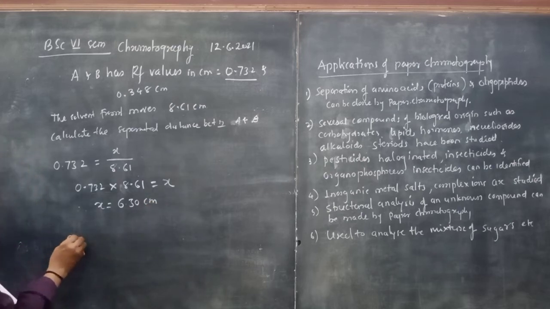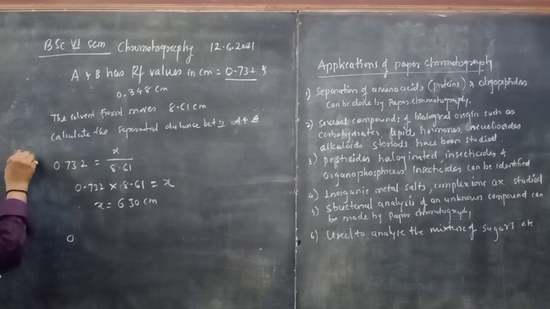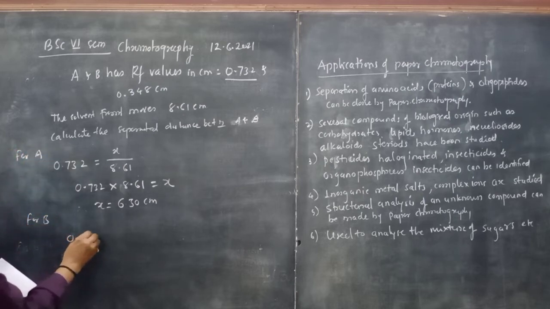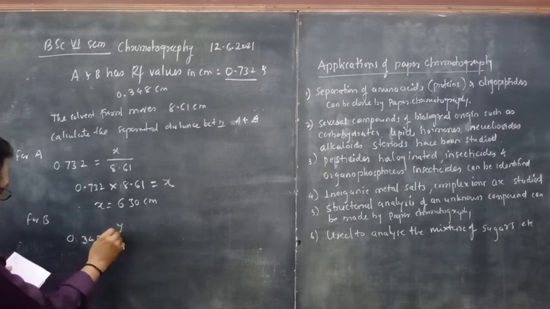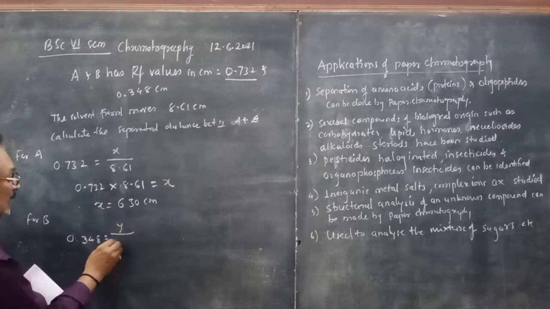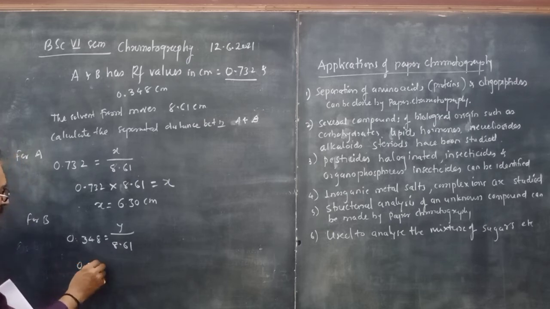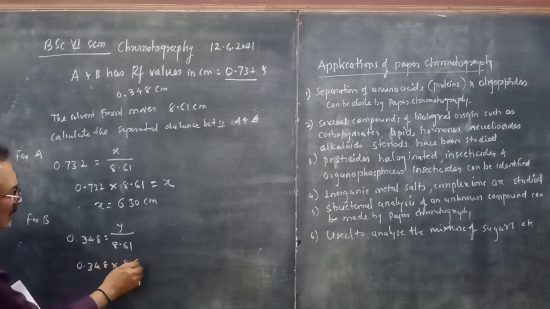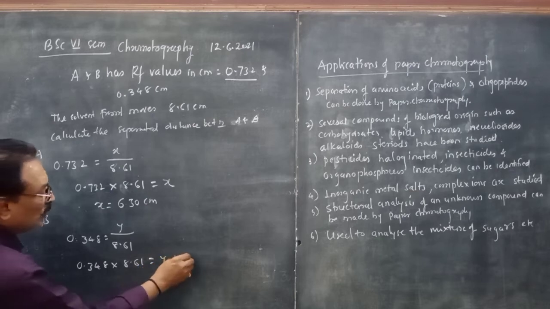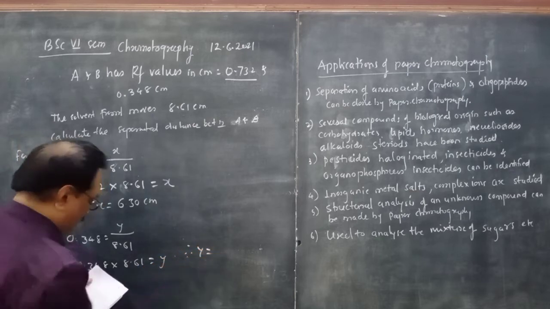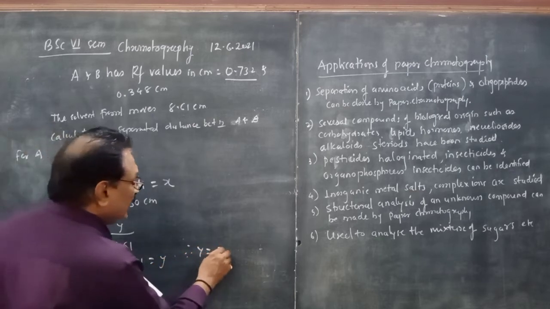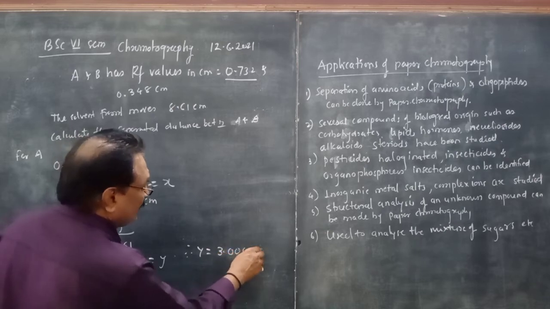Similarly, for B, 0.348 is equal to Y upon 8.61, or 0.348 into 8.61 is equal to Y. Therefore we get Y equal to 3.00 centimeter.